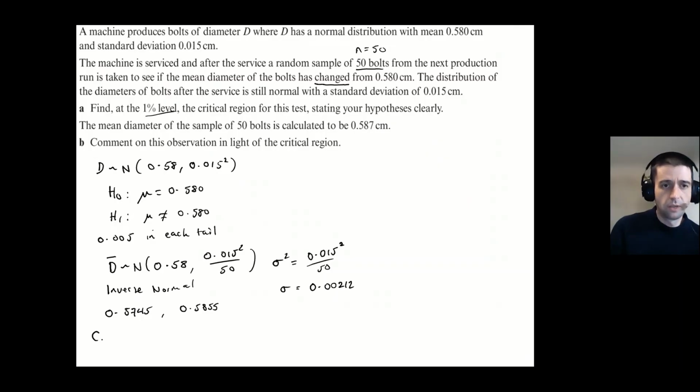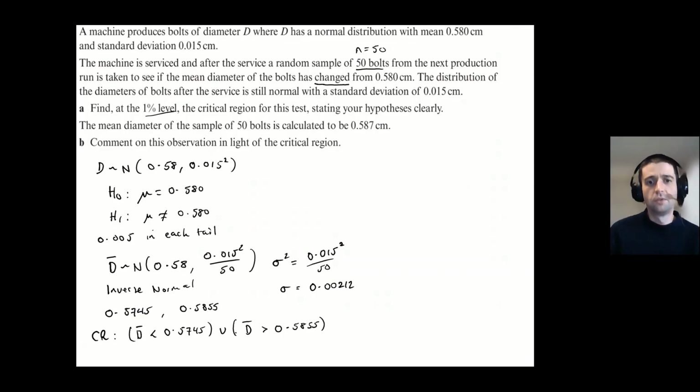So my critical region for rejection is if the sample mean D bar is less than 0.5745, or, using the union symbol, the sample mean is greater than 0.5855. So that's my critical region for the hypothesis test.